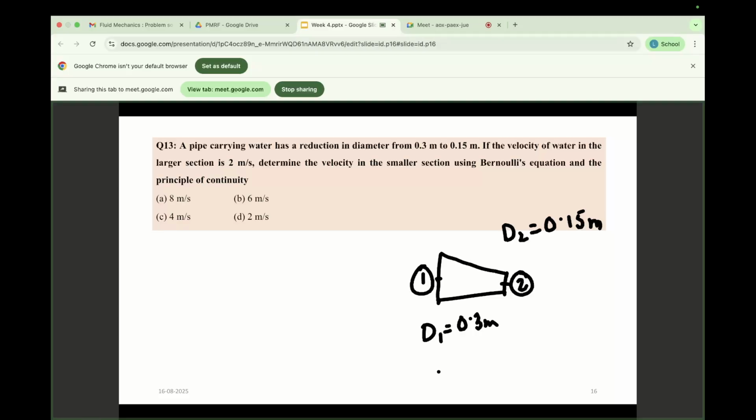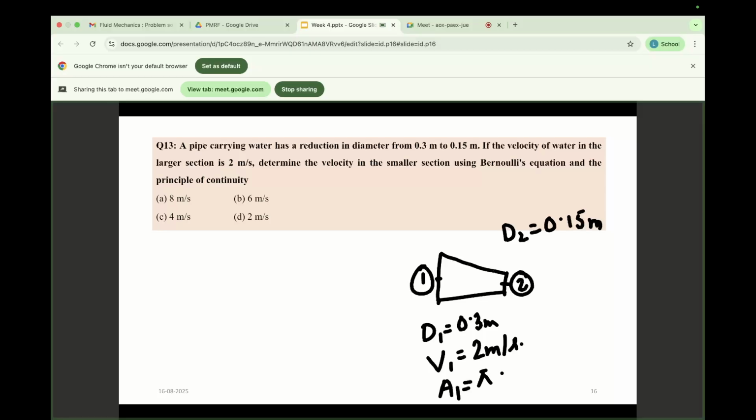The largest section velocity V1 is given as 2 meter per second, and no other details are given. If the diameter is given, that means indirectly they are giving the area, so I can calculate the area.